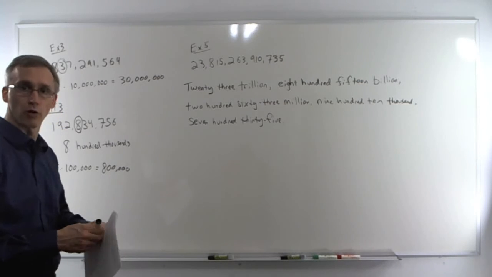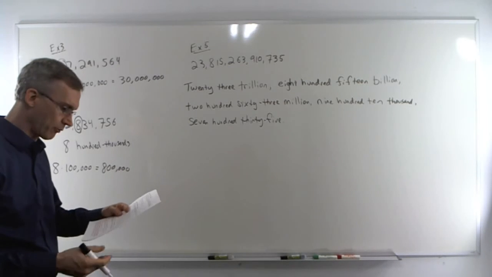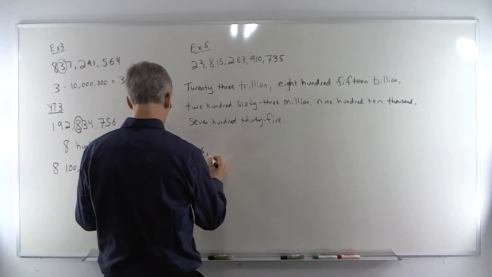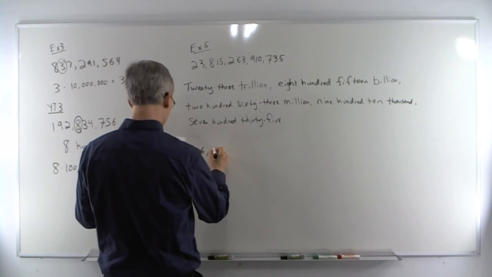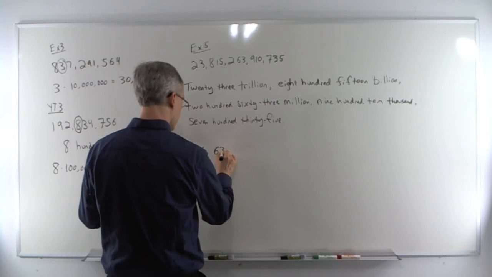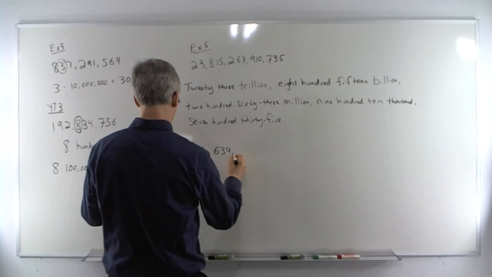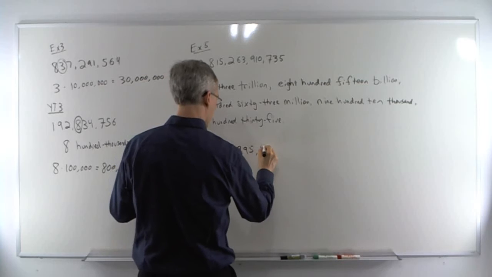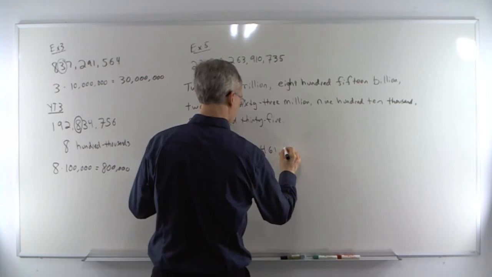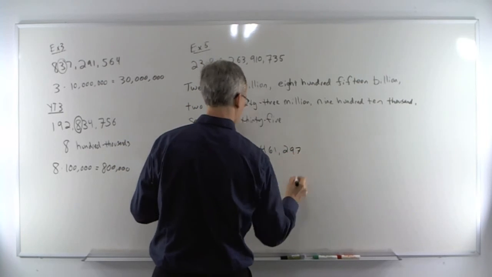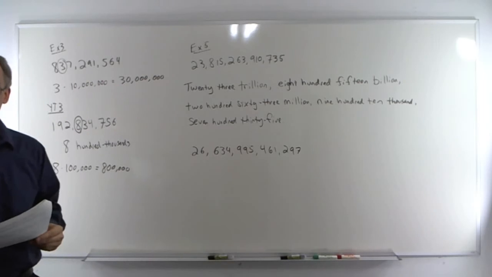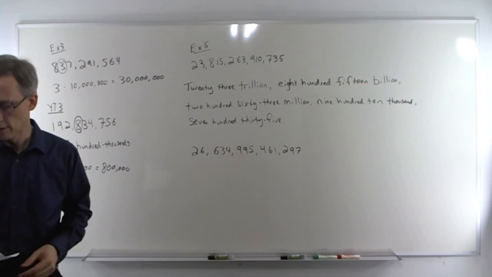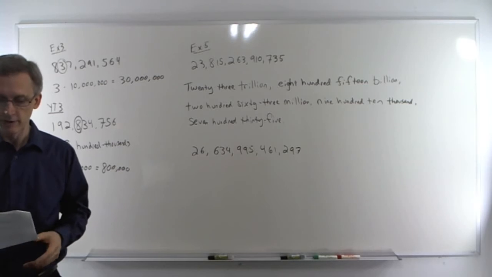I'm just going to roll with the number that I got when I visited, and that is 26 trillion. Kind of hard to believe. By now, the number that you get will be larger.